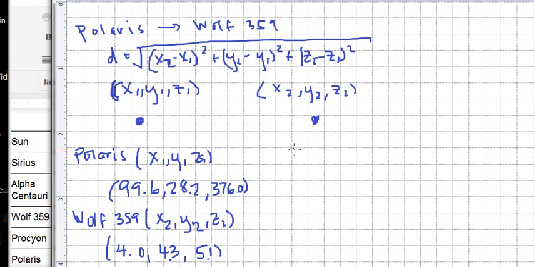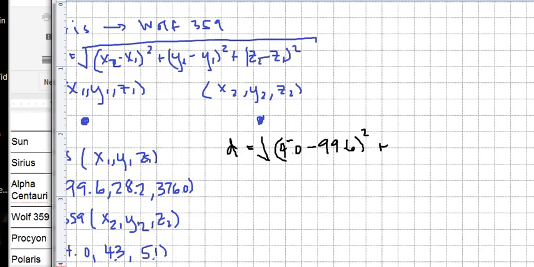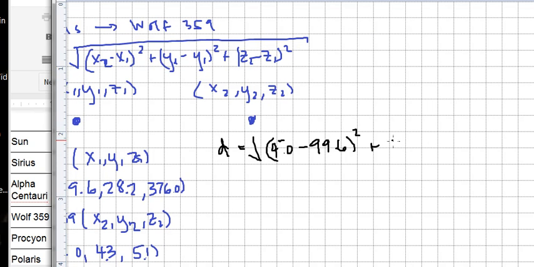Let's see. D equals the square root of x2, which is 4.0, minus 99.6, squared, plus, I'm going to run out of room here, 4.3 minus 28.2, squared, plus, 376.0.